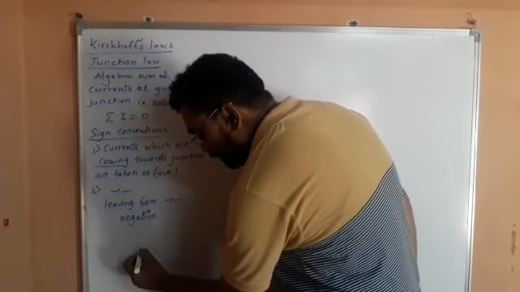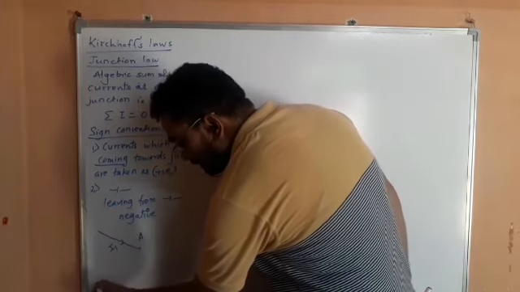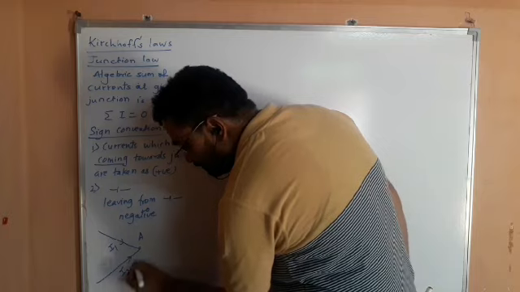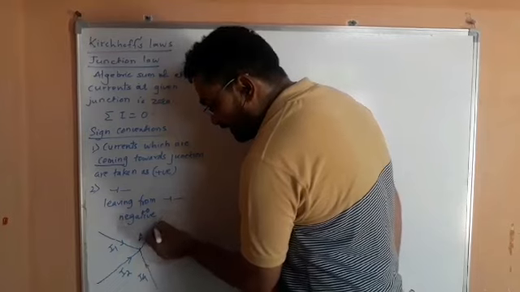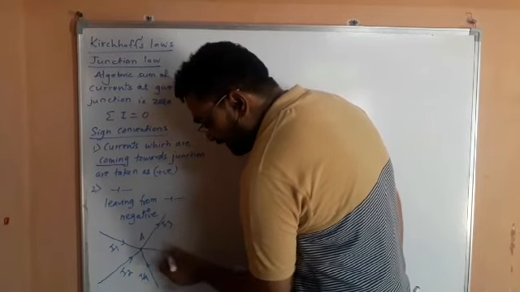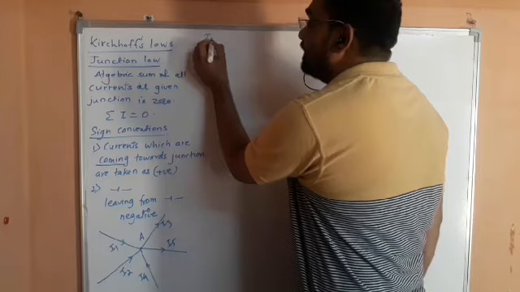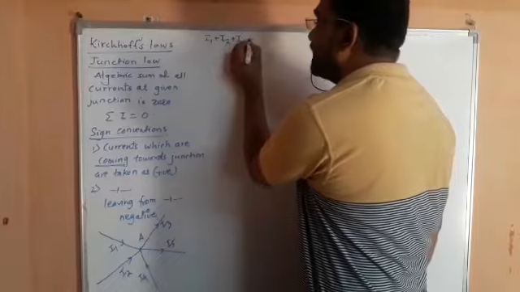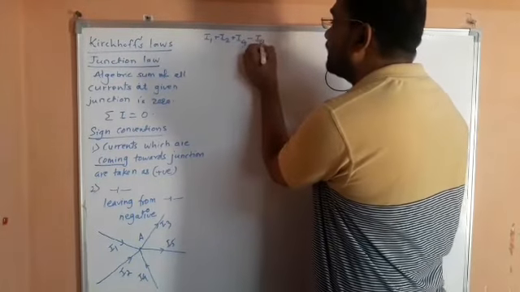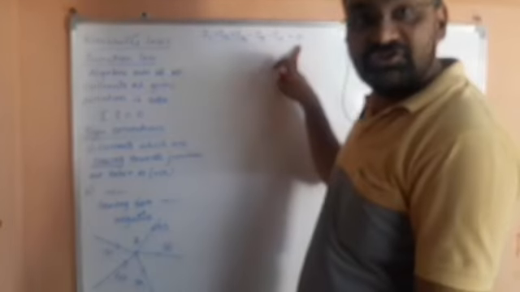Therefore, if point A acts as a junction, and currents I1, I2, I4 are coming towards point A, while currents I3, I5 are going away from point A, that is, leaving point A, then I1, I2, I4 will be treated as positive, whereas I3, I5 will be treated as negative, and the sum of them is 0.